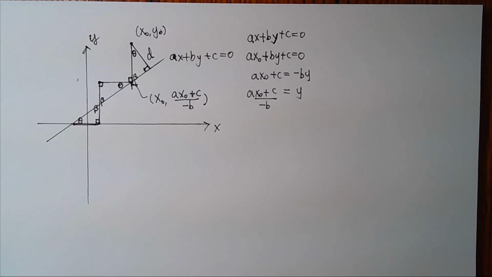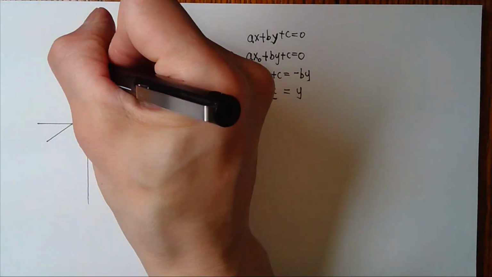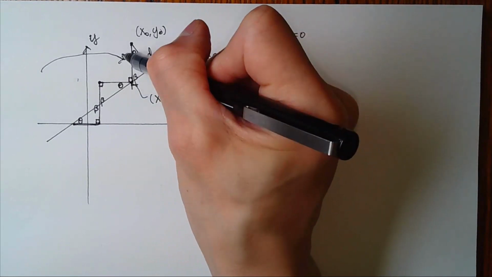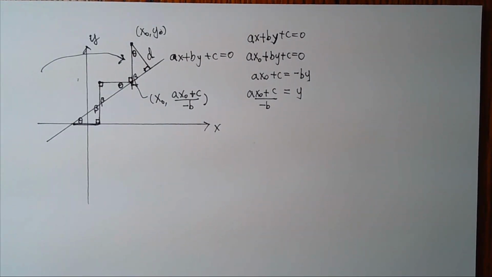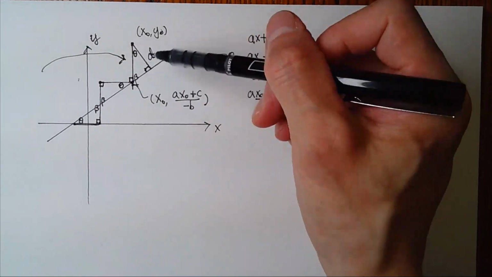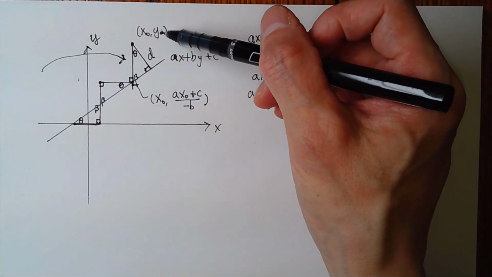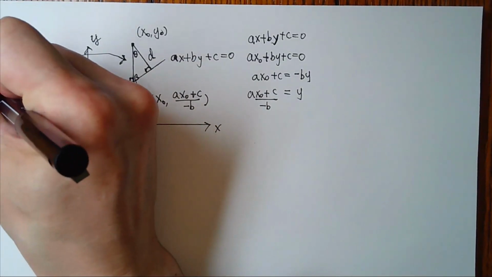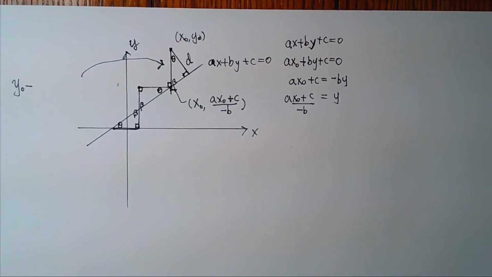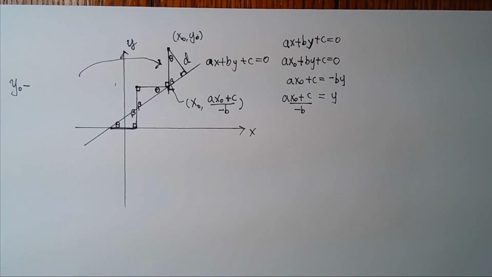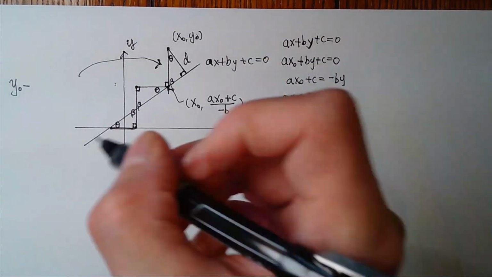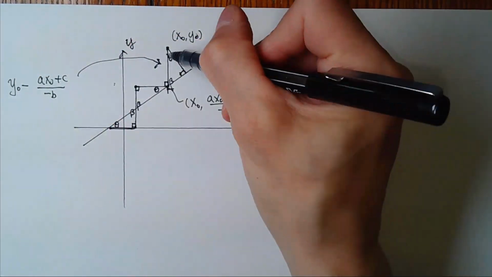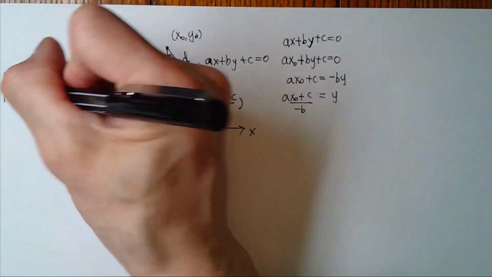And I would like to find the distance from this point to this point, or the length of this segment. Well, to do that is quite simple because it is a vertical line. So I just find the difference between the y coordinates. So I have y0 minus (a x0 plus c) divided by minus b. Because I want to find the length of this segment, I take the absolute value.